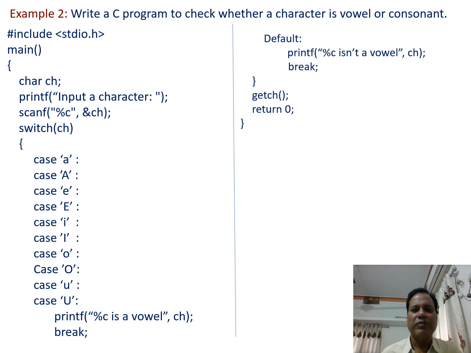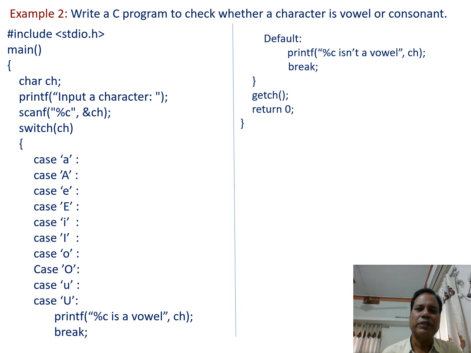Now this variable ch is used in the switch statement, so the value of the variable is compared with the list in the switch statement. Case 'a' is a character. Another case, uppercase 'A' is a character. In this way, a, e, i, o, u are the vowels.